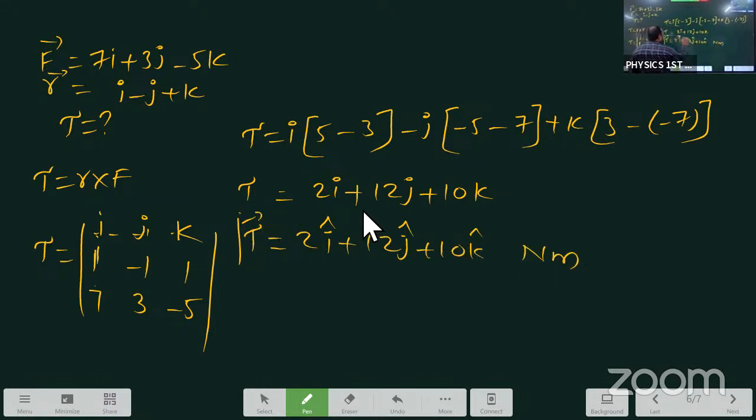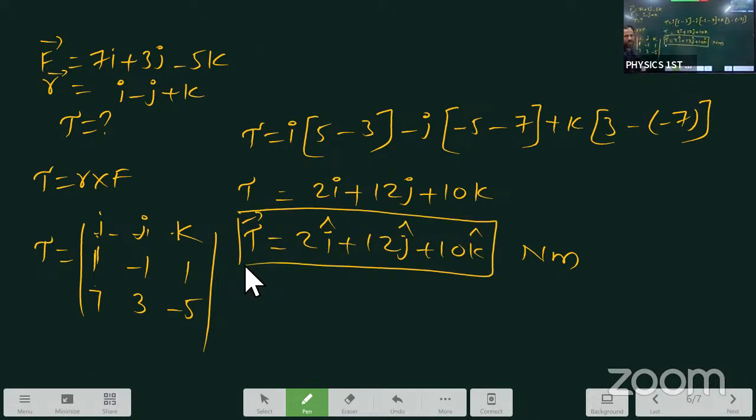This is the torque example problem from system of particles and rotational motion.